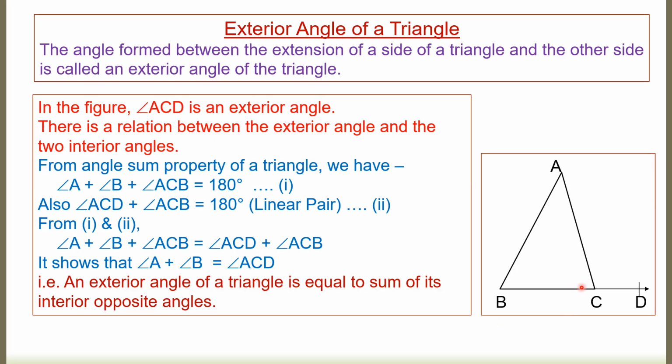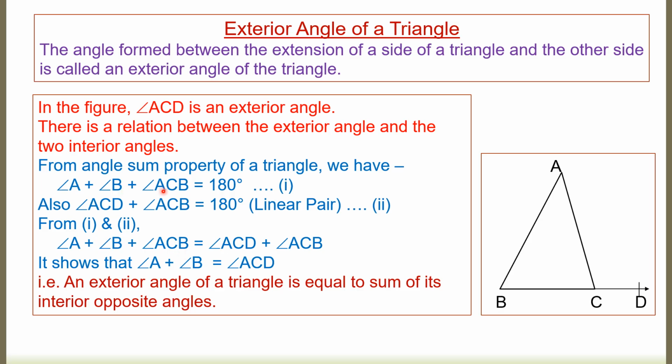So the sum of these two angles is 180 degrees. So we will write angle ACD plus angle ACB equal to 180 degrees, linear pair. Mark it as 2. In 1 and 2, the right hand side is 180 degrees. So leaving aside this 180 degrees, we can equate this portion with this one. That's what we are doing here.